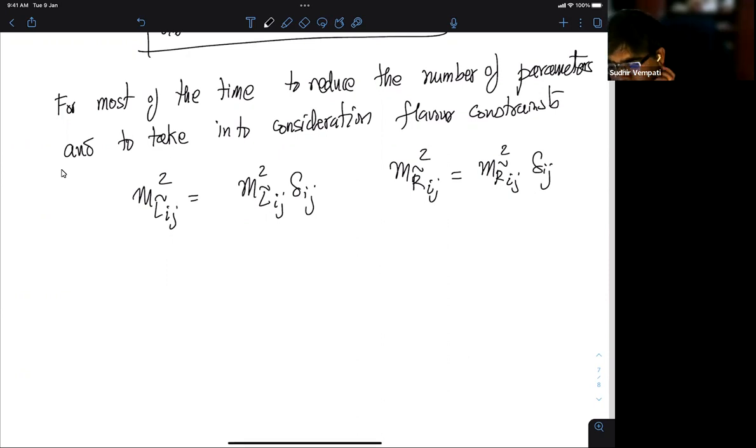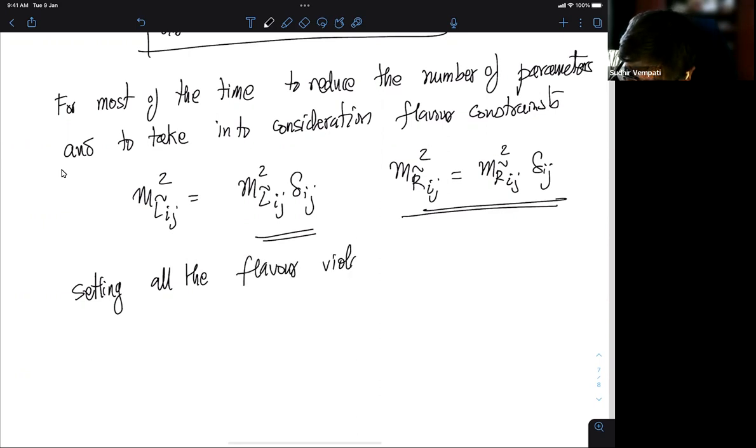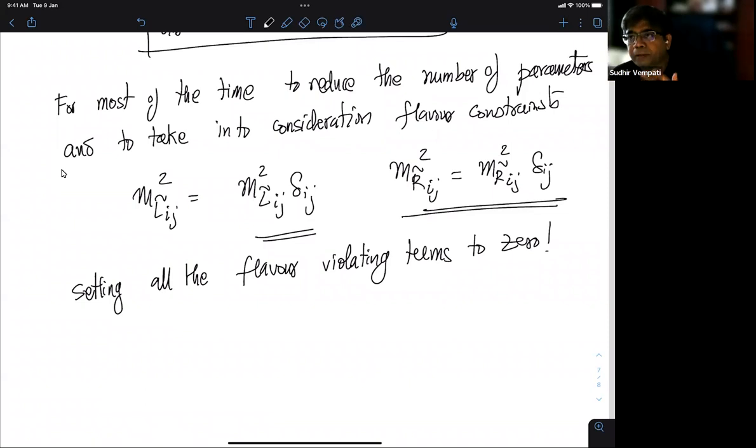Okay. So essentially what we are doing by this is setting all the flavor violating terms to 0. Okay, that's a very good assumption.